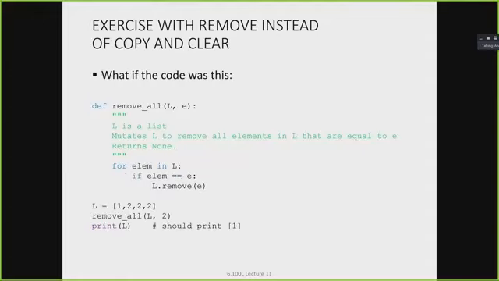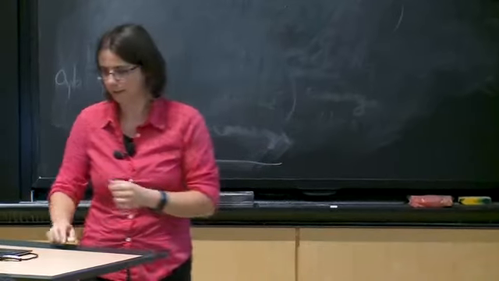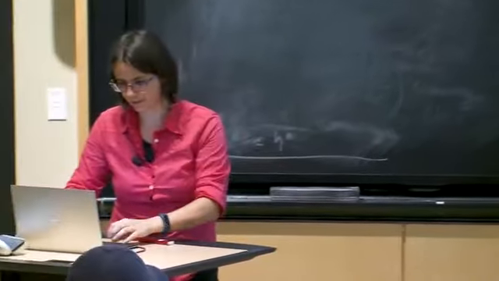Now, what if we rewrote that code in a slightly different way, again using remove, but let's say maybe we didn't realize we could use a while loop. And instead, we used a for loop to iterate over each element in L. And if that element is equal to E, remove it. Seems reasonable. So what would happen, and I can run it for you guys.